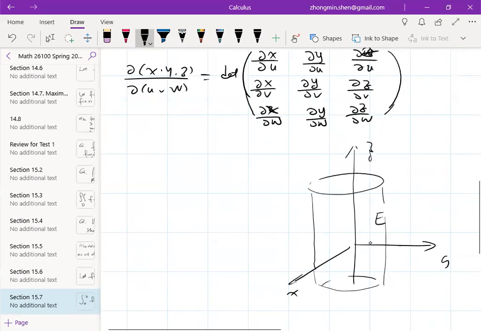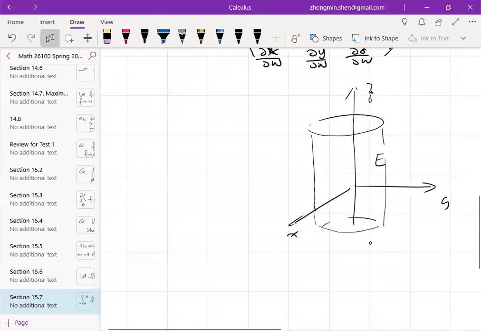But the cylinder, we know the circle is coming from the rectangle. So we can get, this is z, that's r and theta.